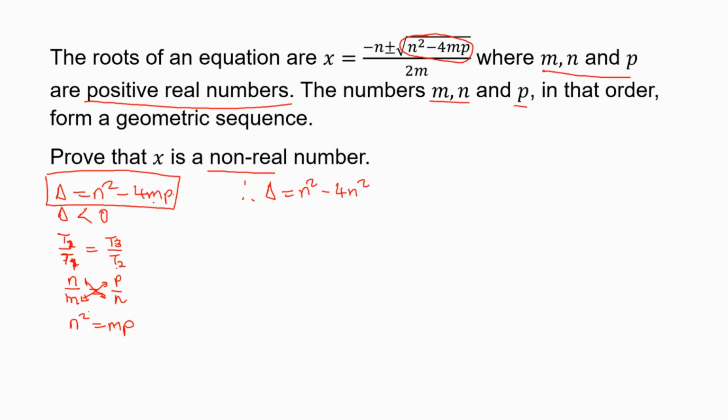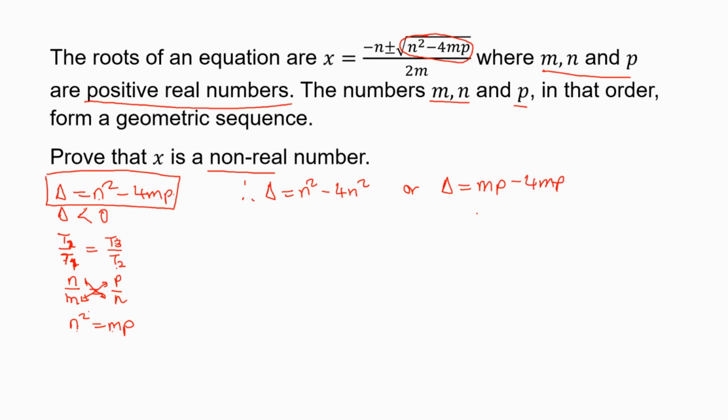I've replaced mp with n squared here. Or the discriminant is equal to mp minus 4mp.